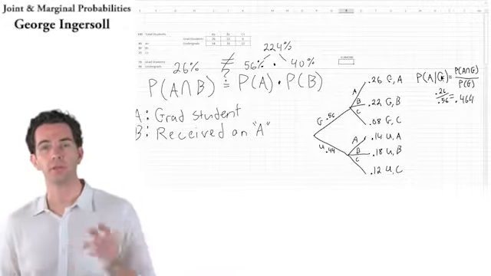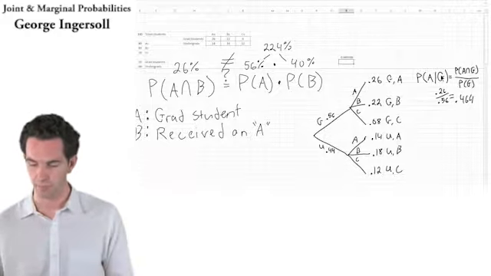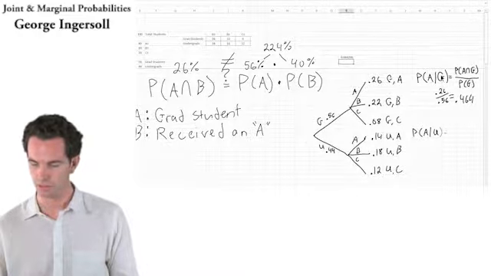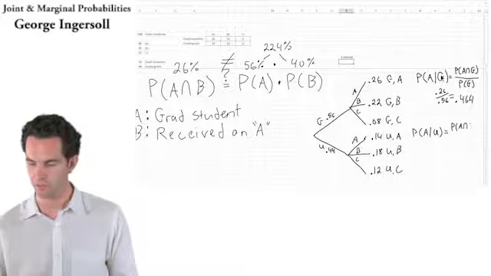If you're an undergrad, what's the chance that you're going to earn an A? So again, now it's going to be A given U. That's going to be equal to the probability of the intersection A and U over probability of U.